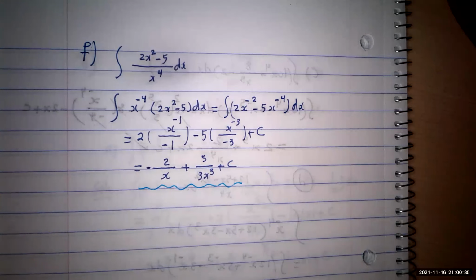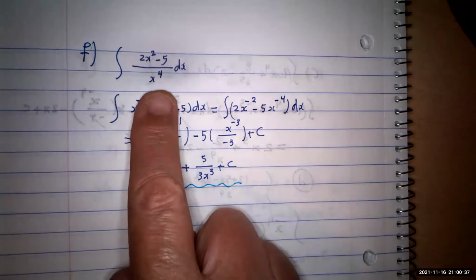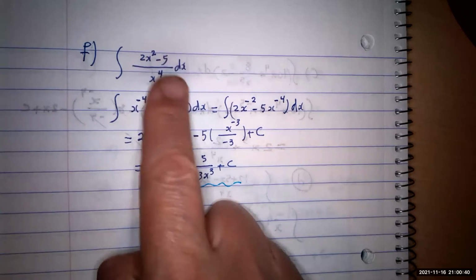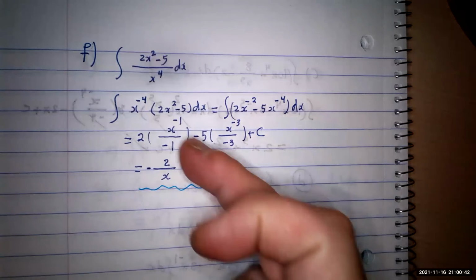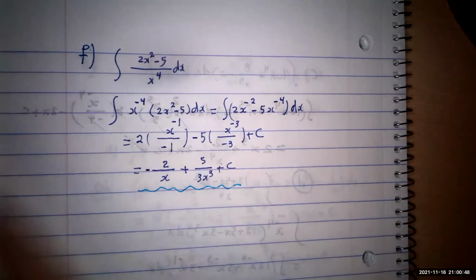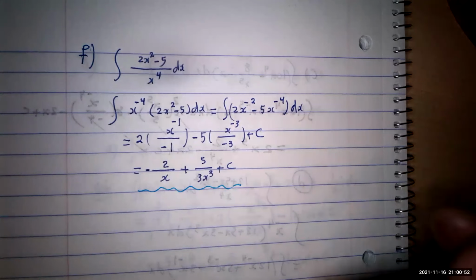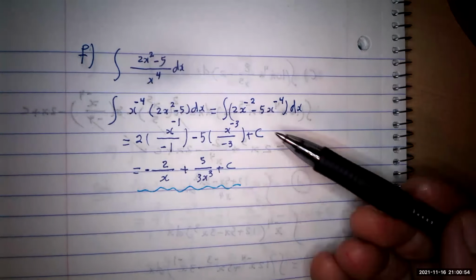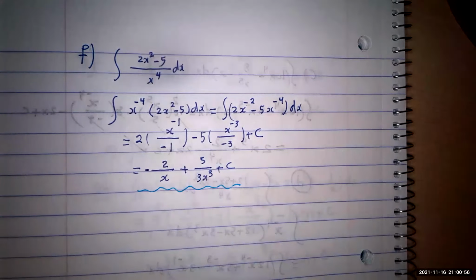At the beginning, you move it up to be able to do it. But at the end, you have to bring it back because we don't accept leaving it like that. That's why I moved this one down. You see x to the negative 3, x to the third, x to the negative 1, x to get this number.